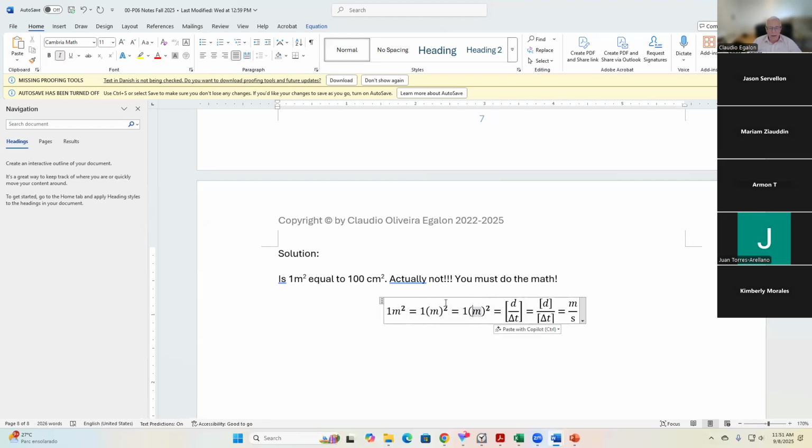You know that 1 meter is 100 centimeters. See that? Now, do you see what's happening here? The 100 ends up squared as well. So 1 square meter is not 100 square centimeters, it's more. It's more than that.